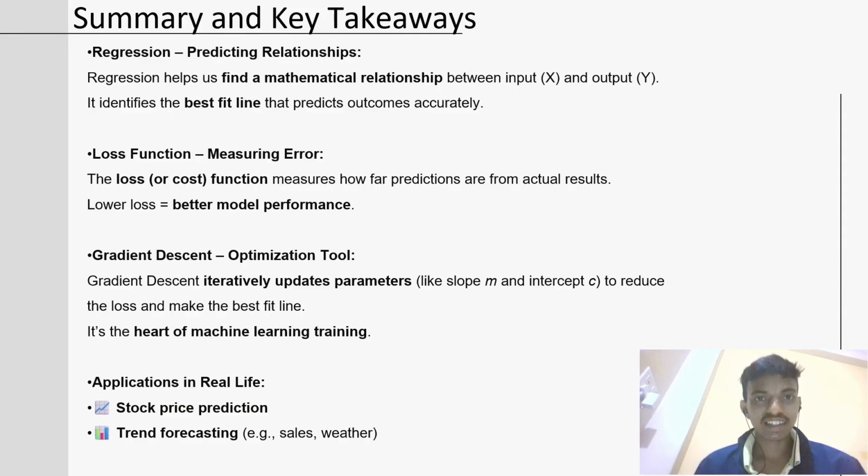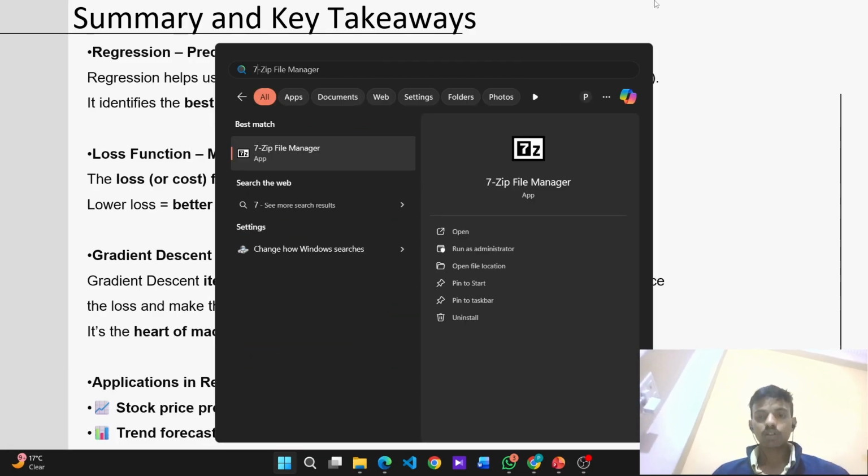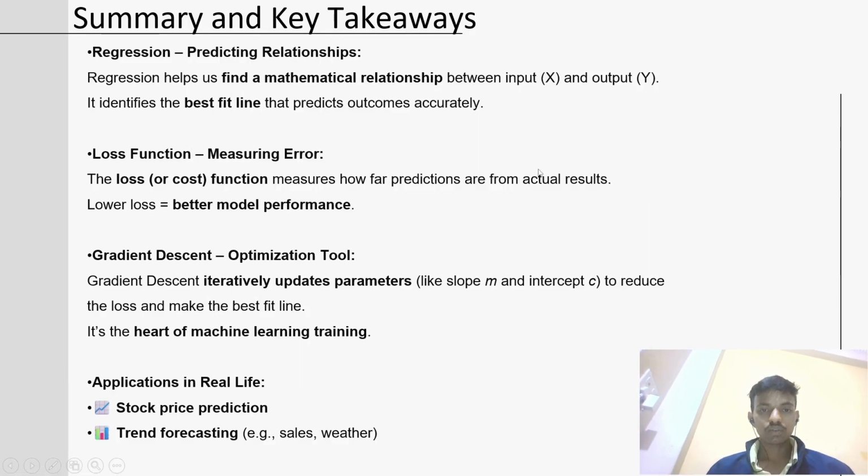So we are here at the last slide, the summary and key takeaways. Regression predicts models' relationships, which basically helps in finding the mathematical relationship between input x and y. It identifies the best fit line for predicting outcomes accurately. Secondly, we see the loss function, which is very important for measuring error. The loss function is used to compare predictions with the actual result, and lower loss means better performance.